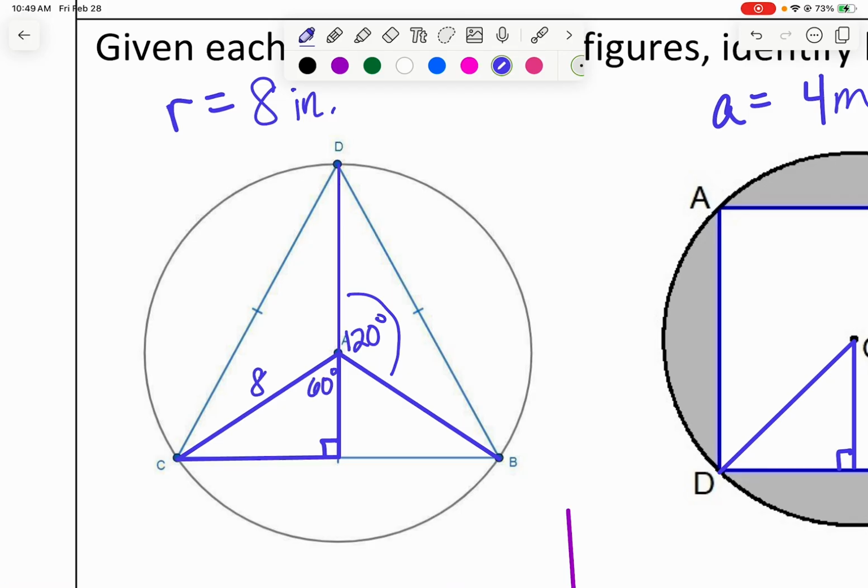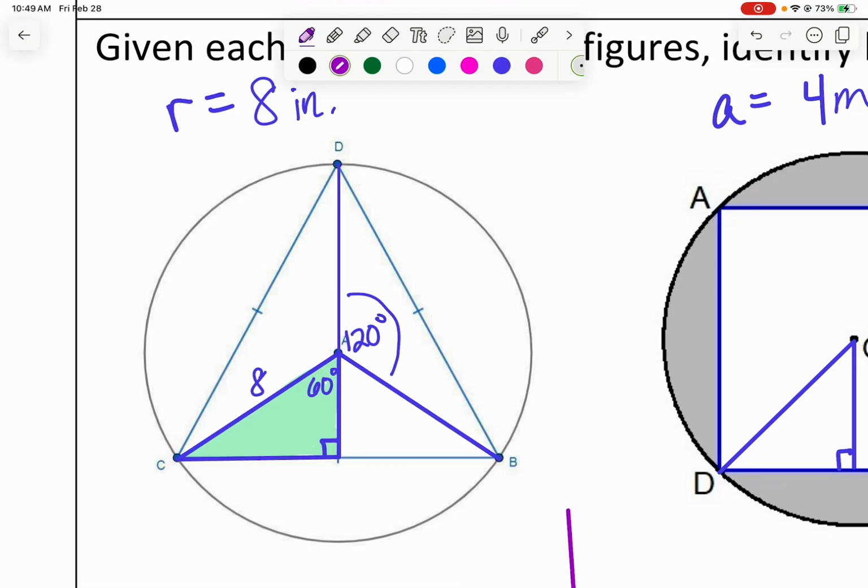So now I have a 30, 60, 90 triangle if I'm looking at just what I'm shading in green. So take a moment, pause, using what you know about 30, 60, 90 triangles, find the 2 missing side lengths.